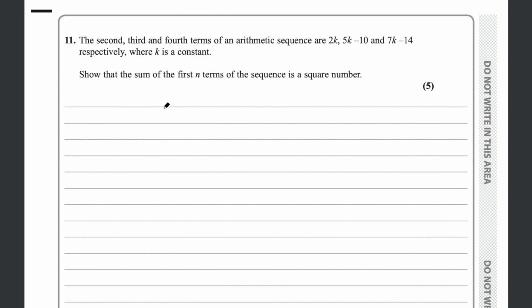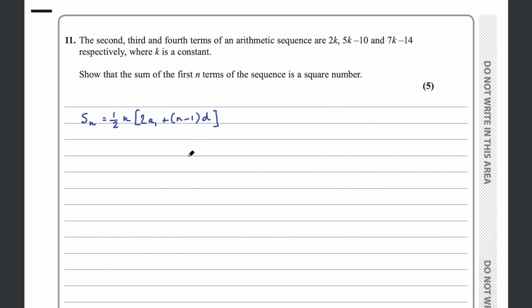So we're looking for the sum of an arithmetic sequence. So that formula is actually in your formula booklet. So it looks like this: a half n multiplied by 2a sub 1 plus n take 1 times d.